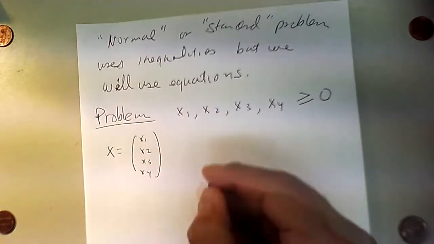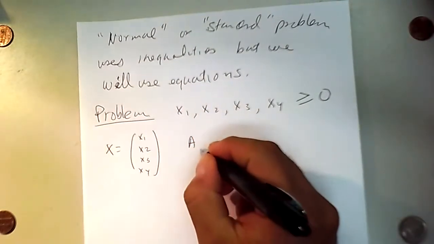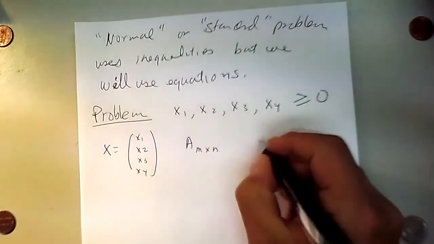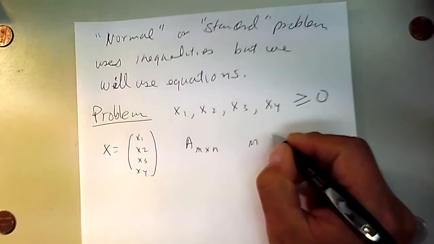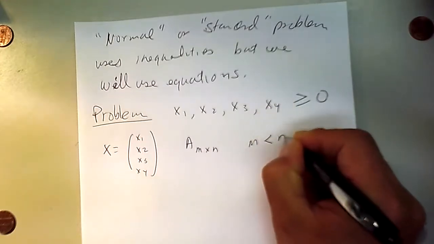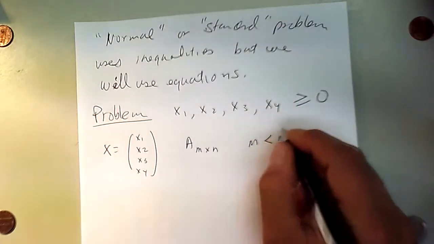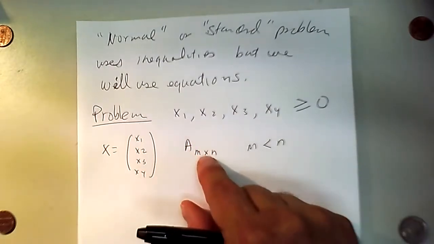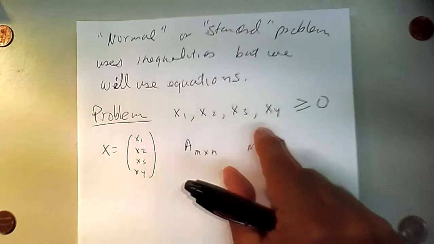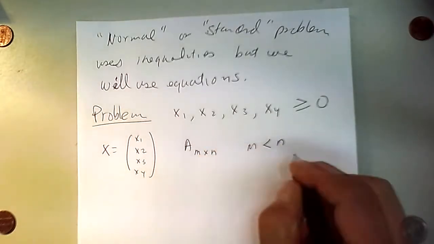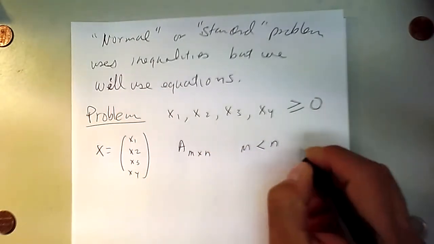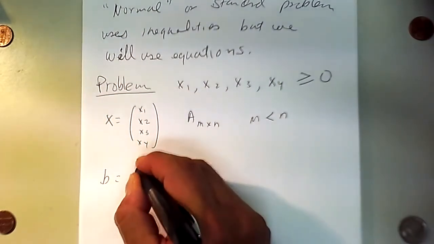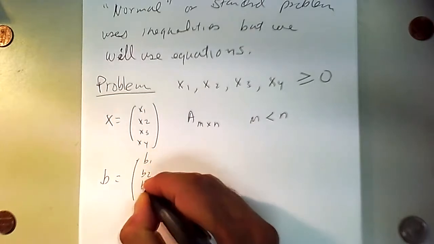The matrix A is going to be as typically m by n, but m has to be, let's see, smaller than n. We want to have fewer equations than variables, and the reason is because we want to have more than one solution. And we're going to have a vector of constants b. So b will be b1, b2, b3, b4.